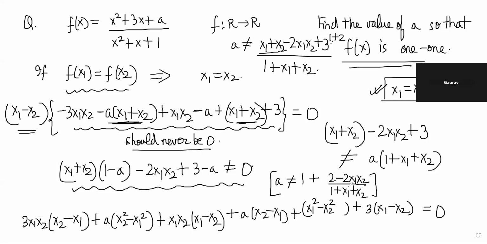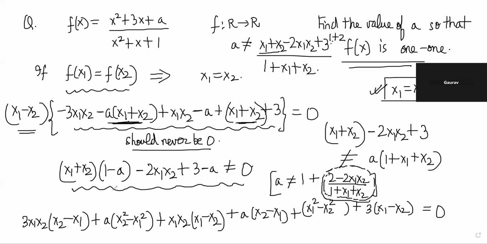There should never be 0, 1 plus this value. For any values of x1 and x2, what are the possible values of this? Find the value of a so that f of x is 1-1. This should imply x1 is equal to this. This should never be 0.